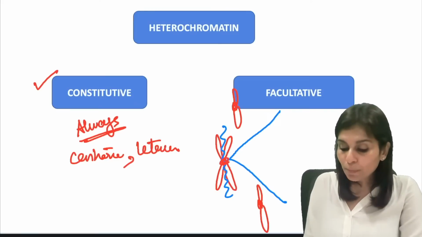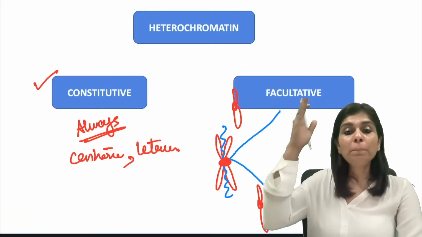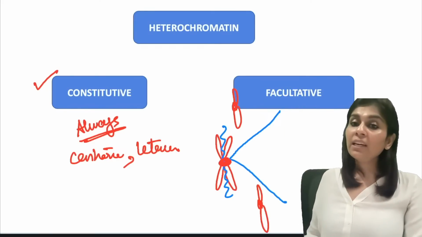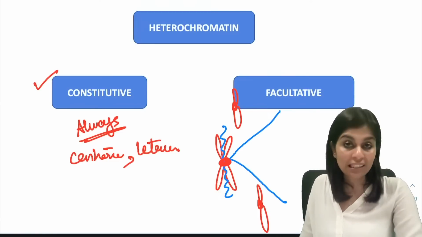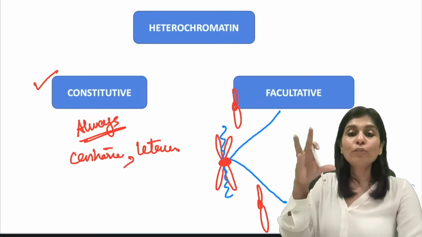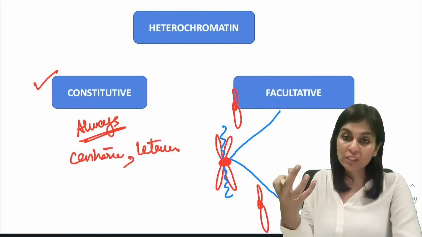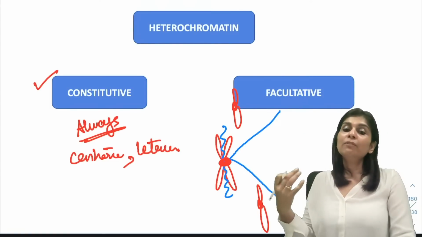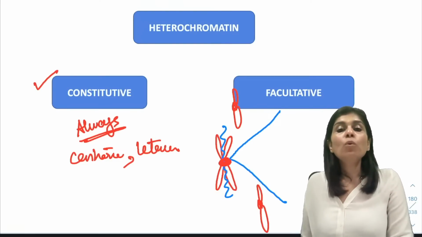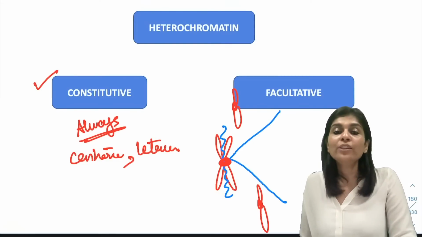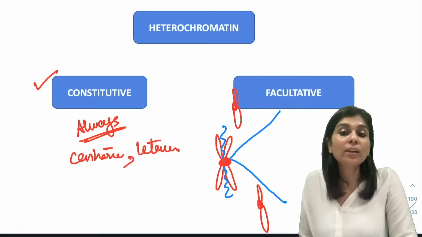So the centromere is a region which is subjected to repeated breakage. And breakage will never be perfect. There will be a tendency for one of the two chromosomes to gain some of the sequences. There will be a tendency for the other chromosome to miss some of the sequences. So can you tell me what would have happened if nature had provided the centromere with something which is coding?